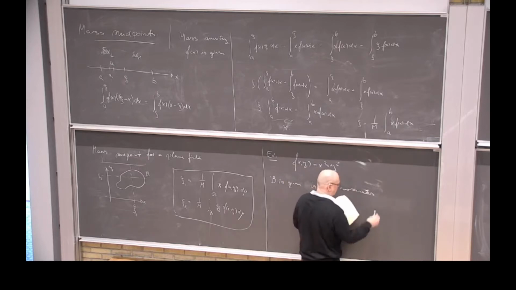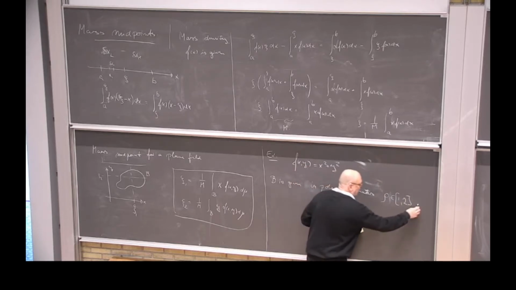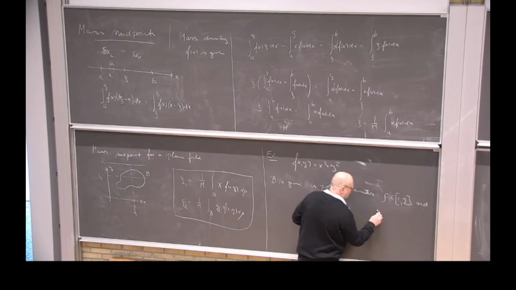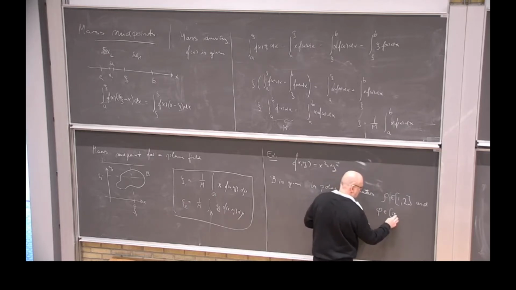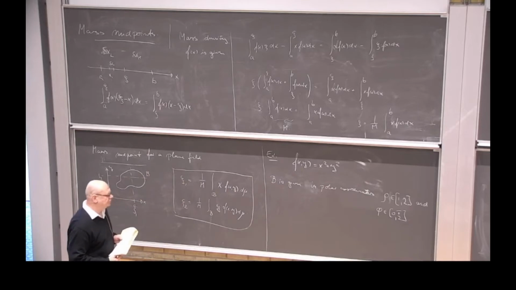It's given by the R function in the polar coordinates. They belong to this interval from 1 to 2, and the angle belongs to an interval like this.